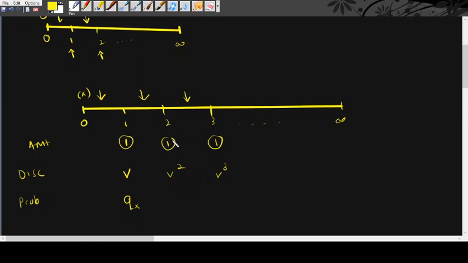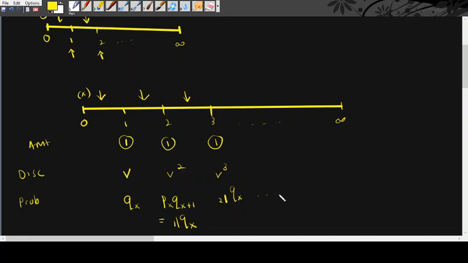To receive the $1 over here, he has to survive this year, which is p_x, and die here, which would be q_x plus 1, which is also equal to 1 given q_x. Here it's also equal to 2 given q_x.